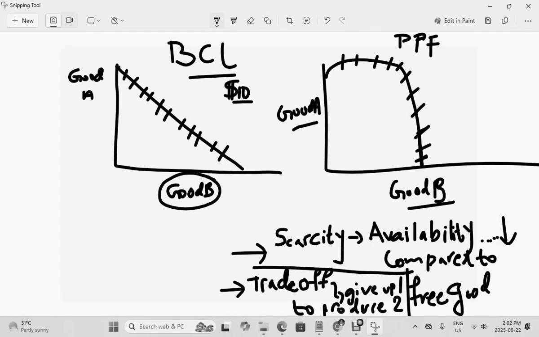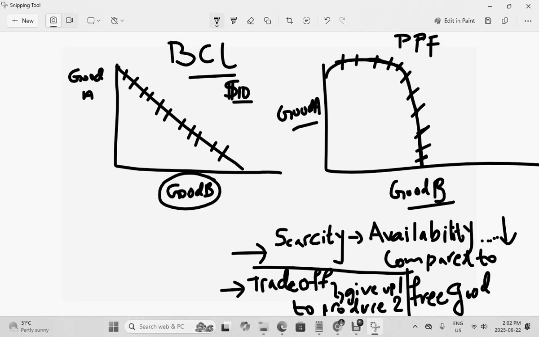Now, apart from trade-off, we also talked about allocative and productive efficiency for a production possibilities frontier, which is this curve over here. Productive efficiency is based on movement along the curve. As long as you exchange raw materials away from good A for the production of good B, you have productive efficiency.